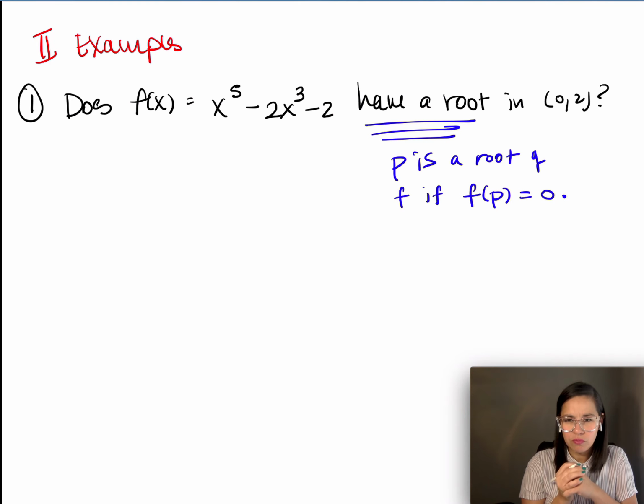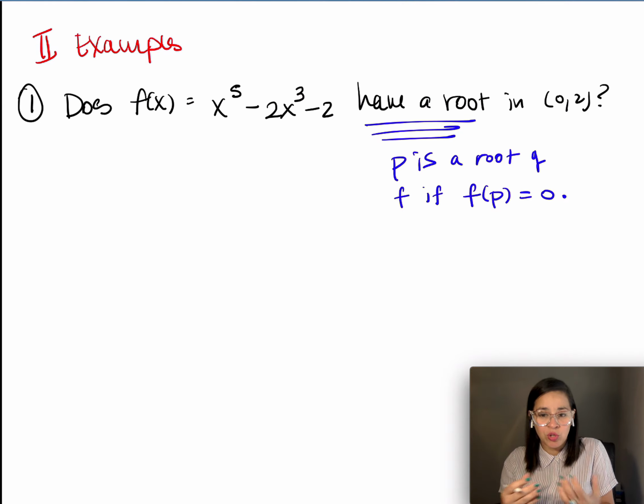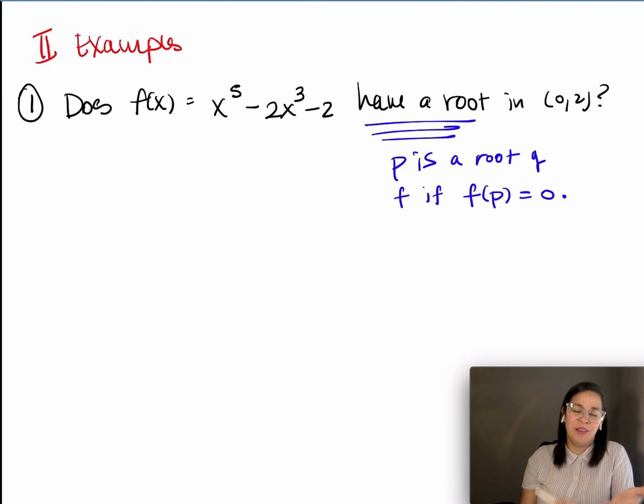Then again, I'm not asking you to find the root. I'm asking you to answer the question, does this function have a root, yes or no? That's it.